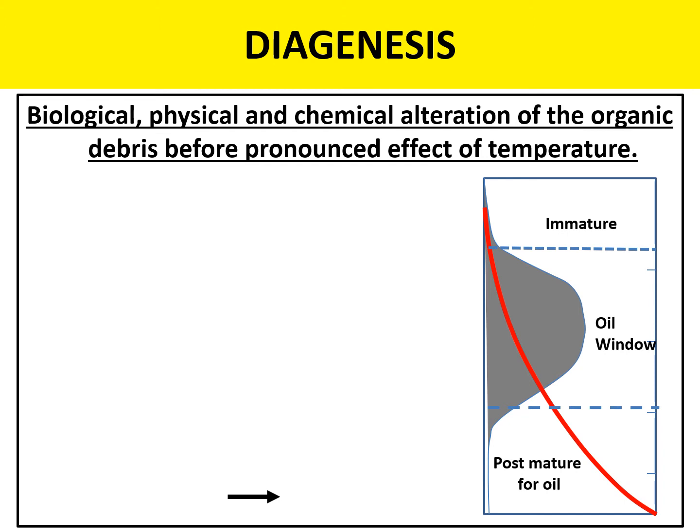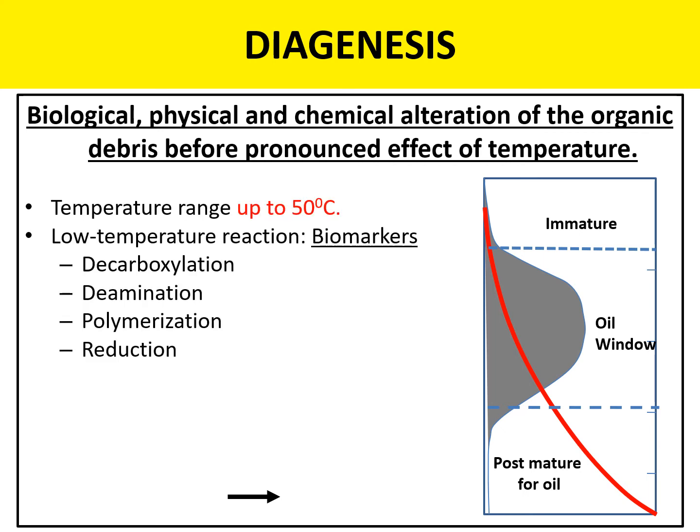So it covers the normal or standard earth temperature range, that is, up to 50 degrees centigrade. During the diagenesis process, a whole series of low temperature reactions will occur, such as these four processes: decarboxylation, deamination, polymerization, and reduction. These processes will affect the biomarkers preserved in the organic matter.